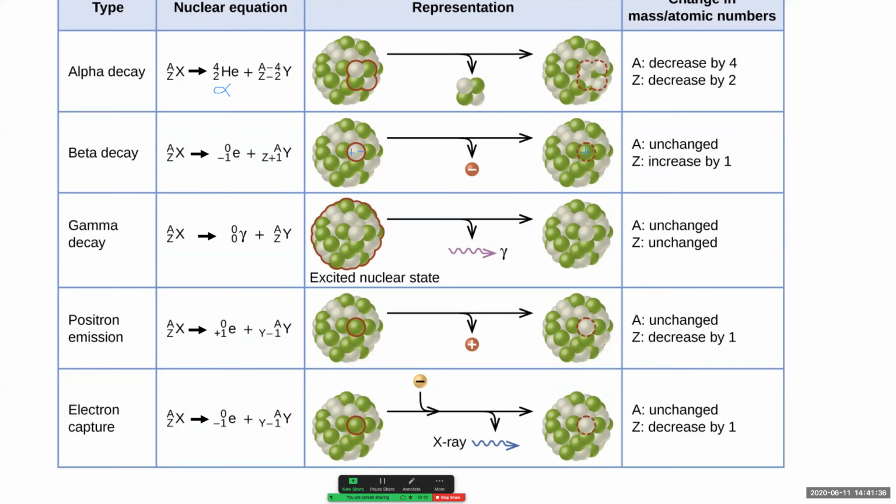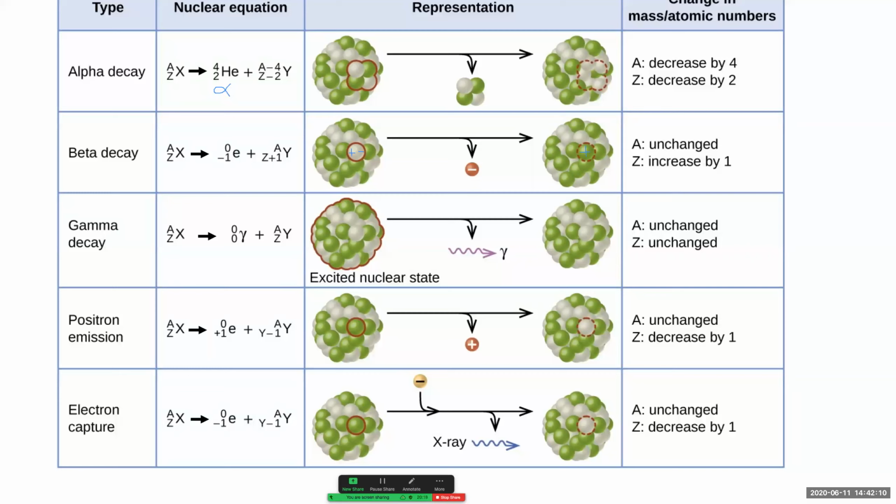So that would occur, if you remember our blue line of stability, for the radioactive elements that are below that blue line. They have too many protons. That ratio N over P is too small. So if you do a positron emission or an electron capture, the N over P increases and the nucleus gets closer to that line on the graph that showed the stable elements.